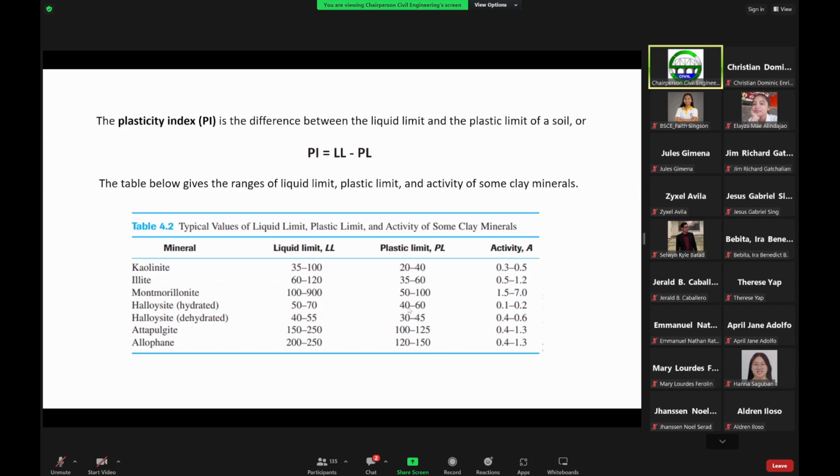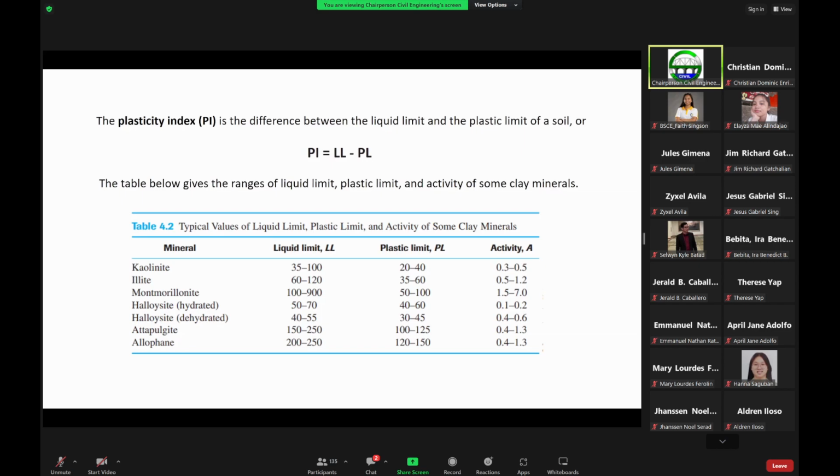You can even have a liquid limit value as high as 900 for montmorillonite clay, which is a bit problematic. When we test clay soils, we always pray that we will not encounter montmorillonite clay minerals, because these are the clay minerals that would make the clay soil an expansive soil.